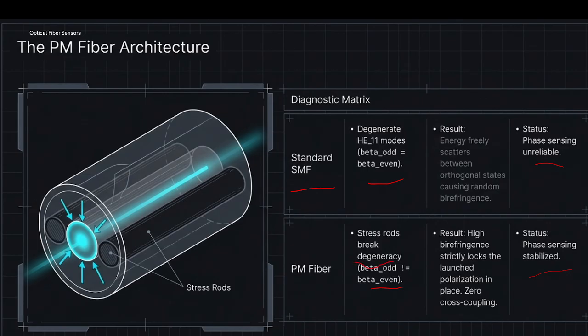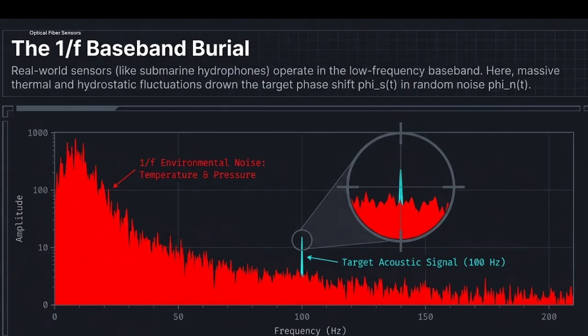If we break the degeneracy, then we get stable phase sensing. PM fiber is useful for phase sensing stabilization, where SMF lacks this capability, because for the HE11 mode the beta of even and odd modes is almost equal, both modes are equal, so it can't be used.